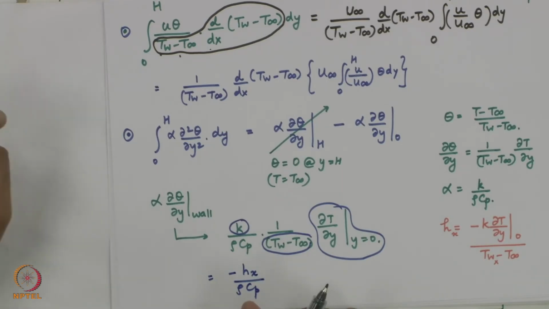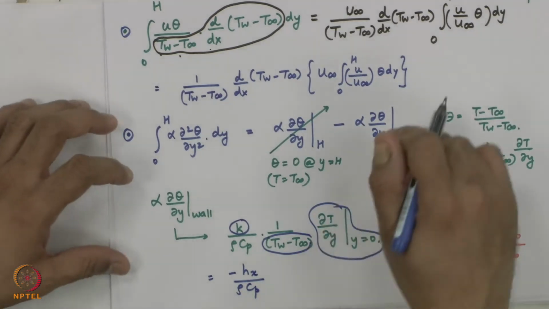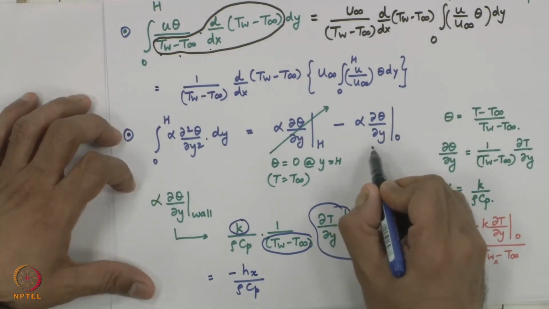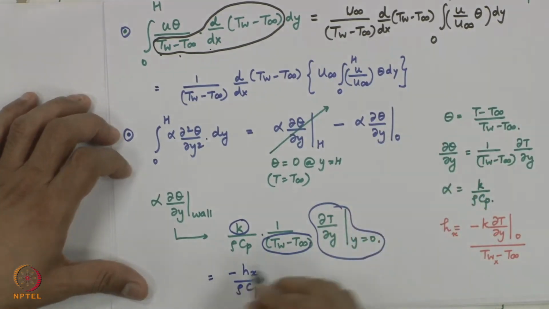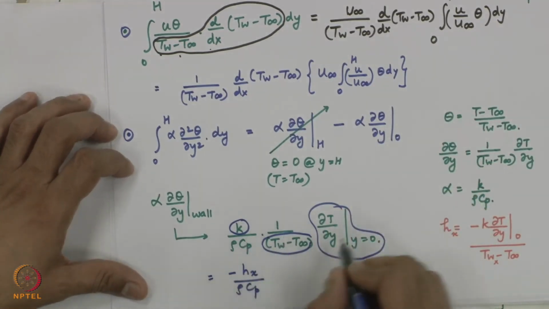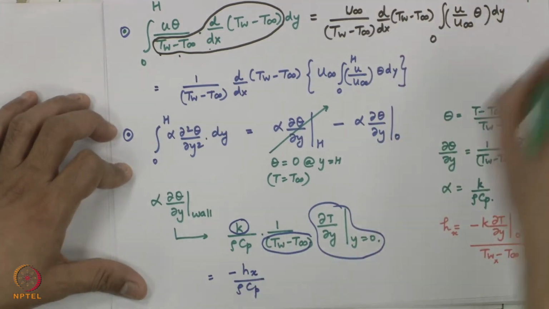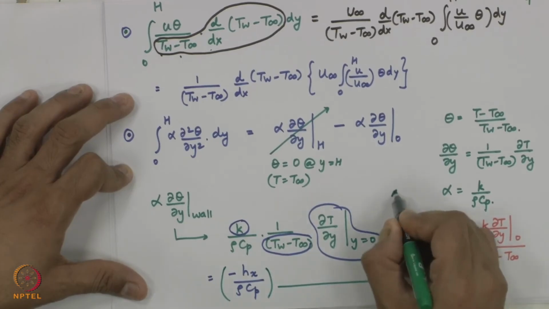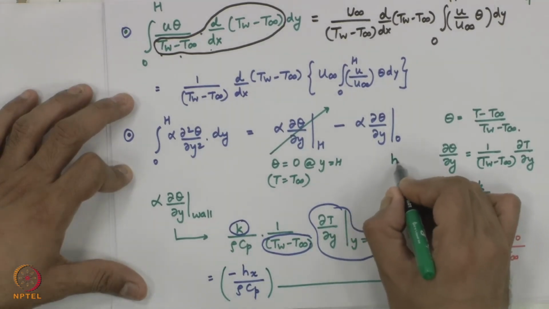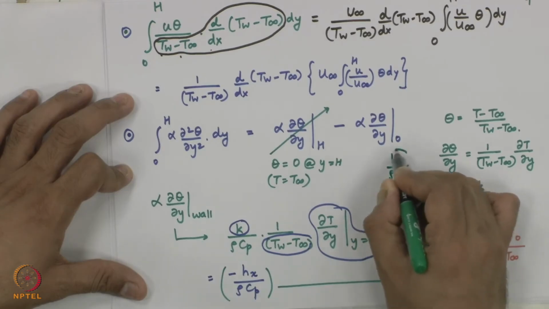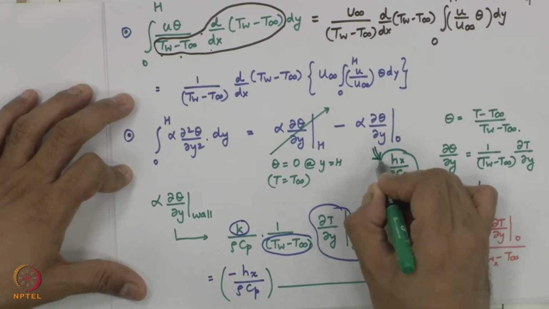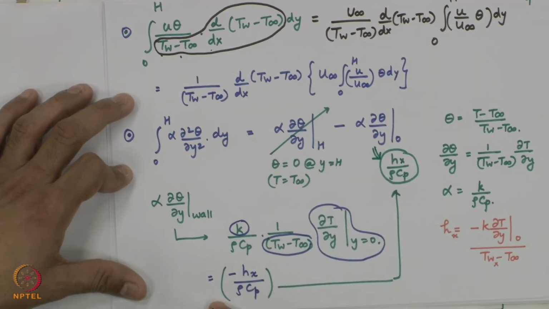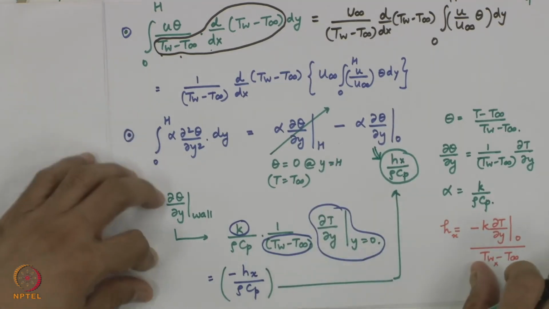So, therefore, this quantity, minus alpha d theta by dy at the wall, based on this simplification, becomes plus hx by rho Cp. There is a minus here, so this is hx by rho Cp. Then the last term, we are going to retain as it is.